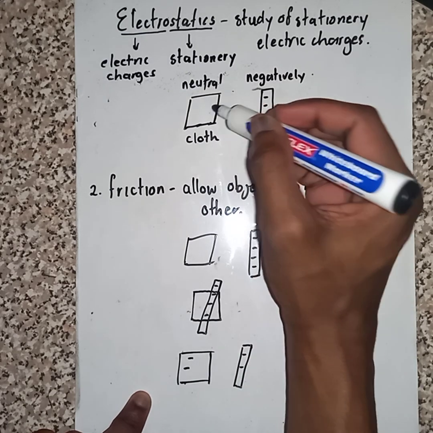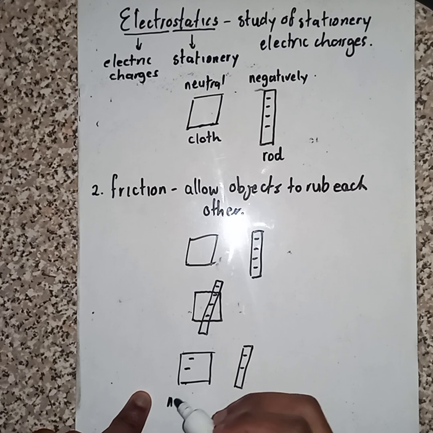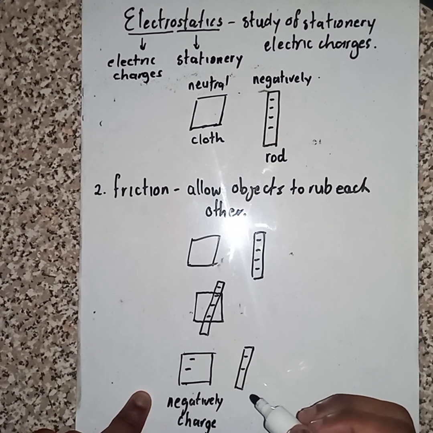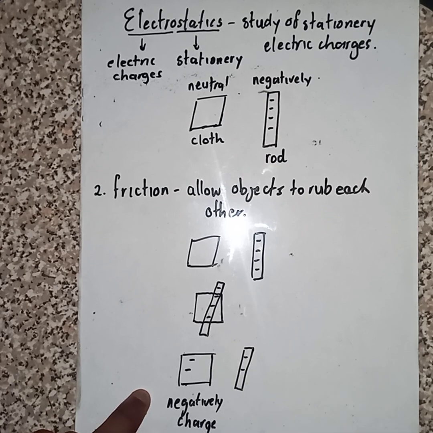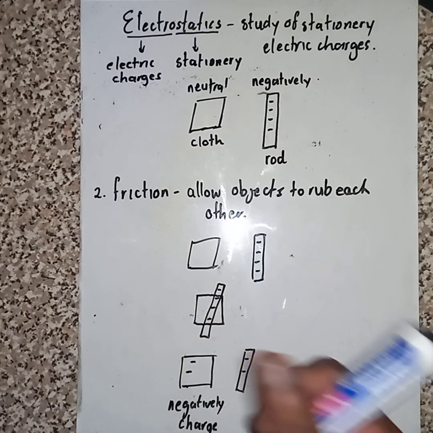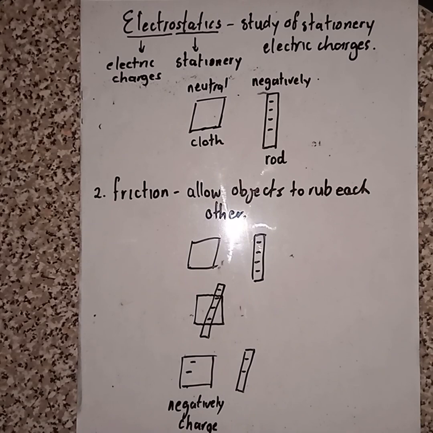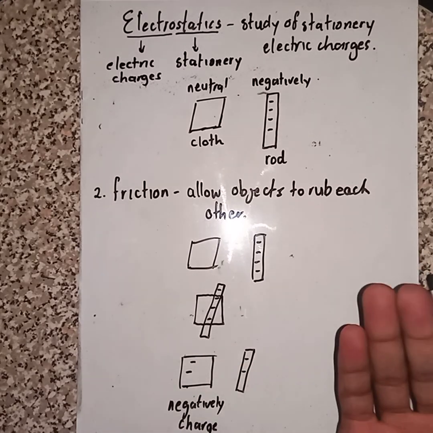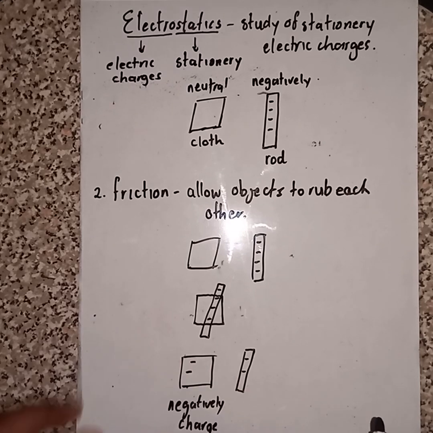Then from a neutral cloth, we now have a negatively charged cloth. Then this one is also negative. I wanted to explain that when we rub two objects, electrons will move from the one to the other one.